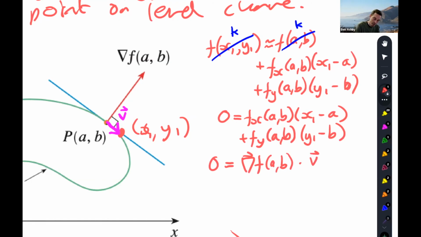So this vector v we've defined here is just the vector from (a, b) to (x1, y1). If the dot product of these things is 0, that means our gradient of f at a point on this level curve is perpendicular to the level curve.